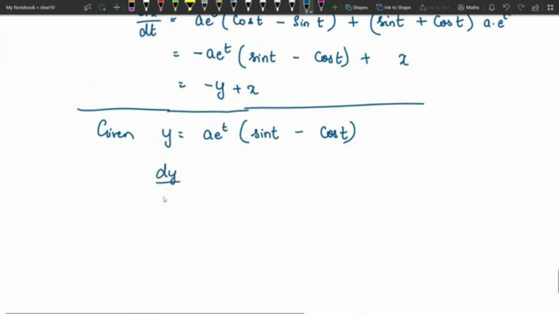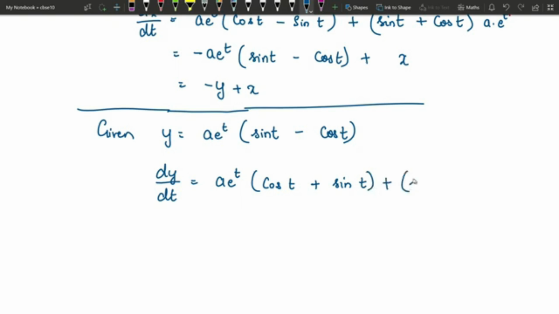With respect to t, we get dy by dt is equal to first function, write it as it is, differentiate the second function: sin t derivative is cos t, minus cos t derivative is minus sin t, so it becomes plus sin t plus cos t, into derivative of first function, and then the second function sin t minus cos t written as it is, into derivative of first function a into e power t, which is a into e power t itself.